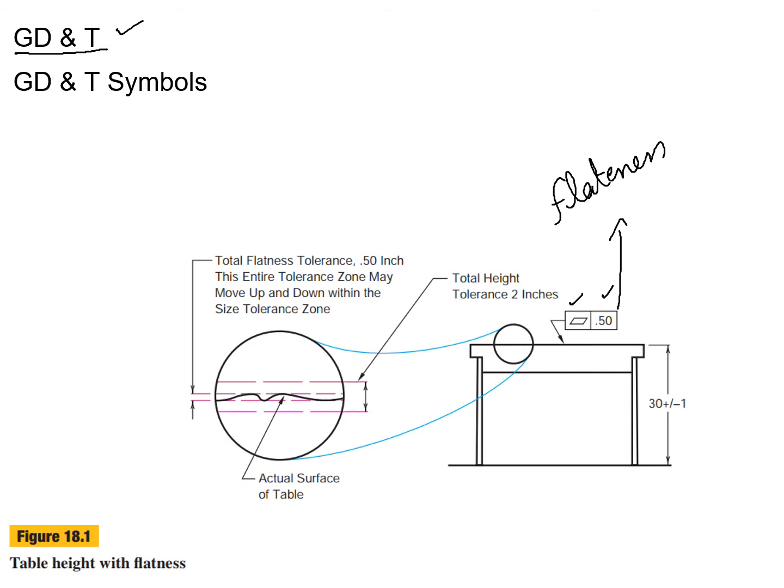The flatness symbol is this one right here, and the flatness required is 0.5 inches, so the tabletop should be flat within 0.5 inches.